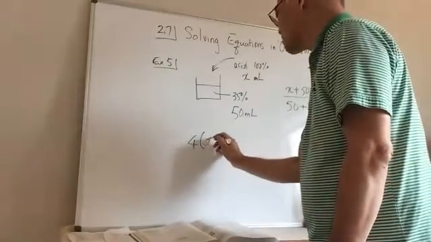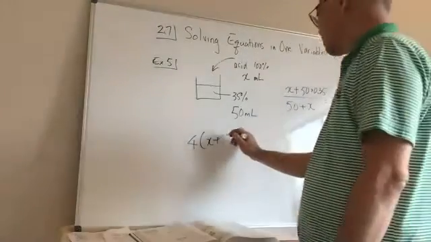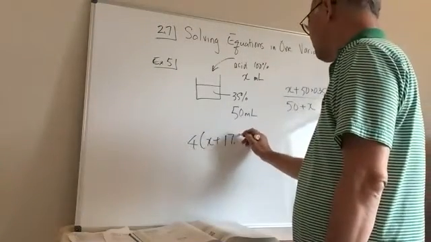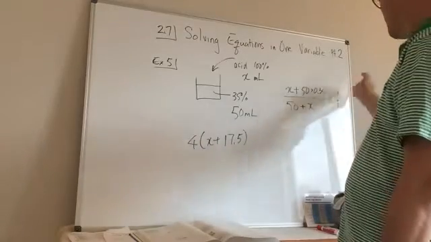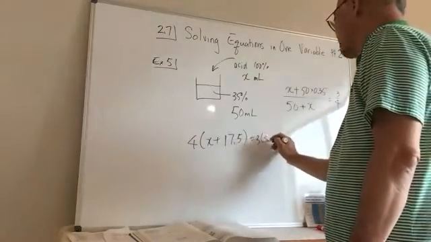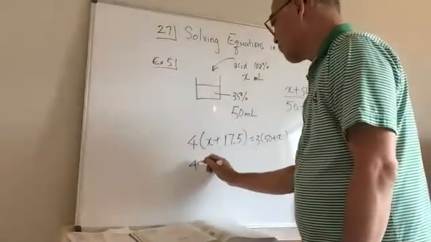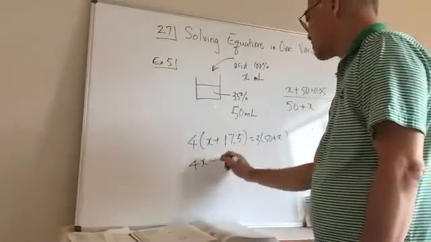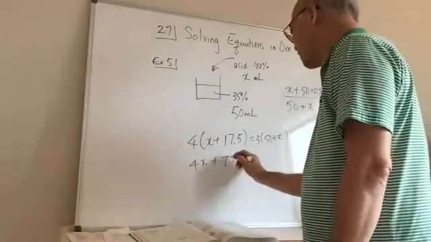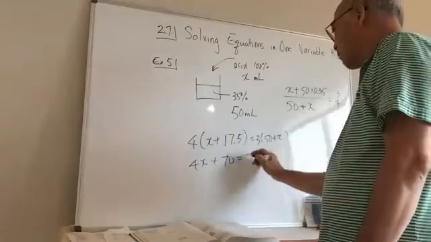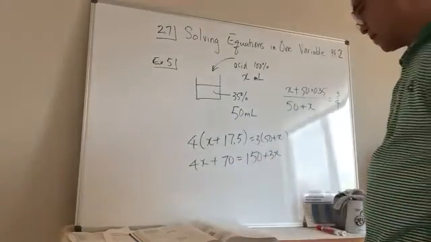I'm going to get 4 times X plus 50 times 0.35, which is 17.5. Then I multiply this side and get 3 times 50 plus X. So 4x plus 70 equals 150 plus 3x.